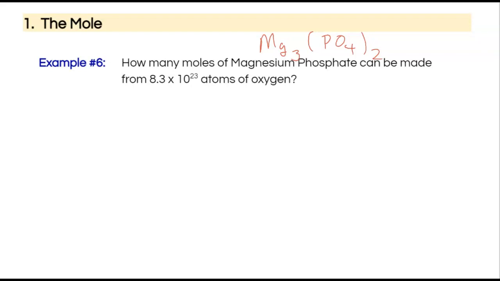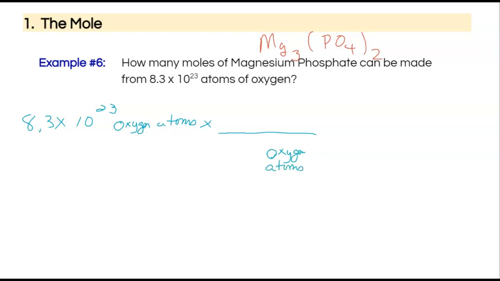Okay, so in this problem, I'm going to start with what I know, and what's given to me is 8.3 times 10 to the power of 23 oxygen atoms. My first step is to get rid of that. I don't want oxygen atoms, I want formula units of Mg3(PO4)2, formula units or particles, whatever.